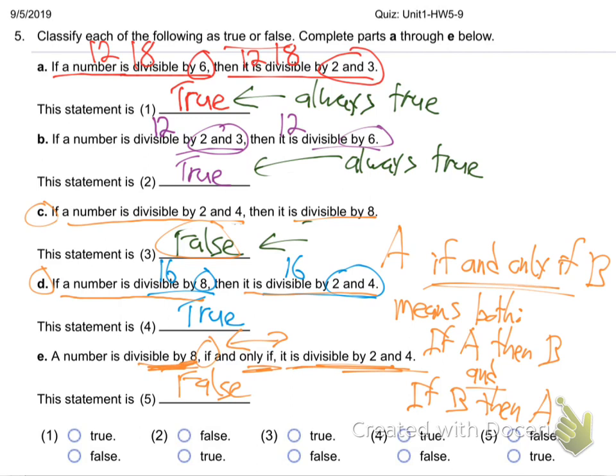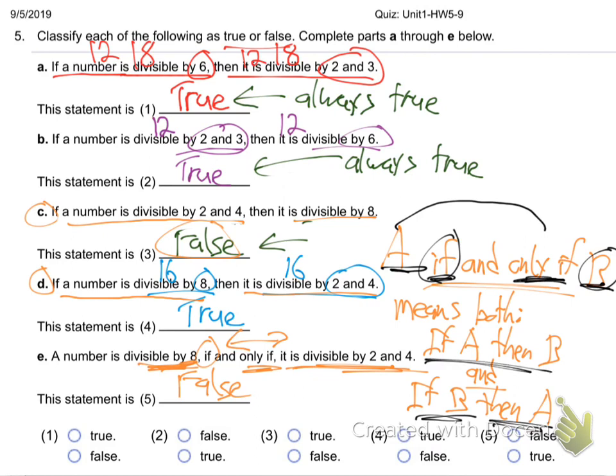Why? Because A if B, so there's the if B then A, and A only if B. So meaning A is true only if B. That last one's a little trickier to see.